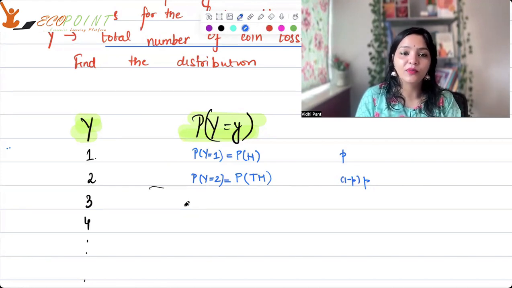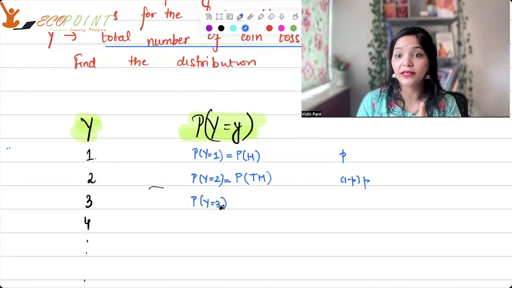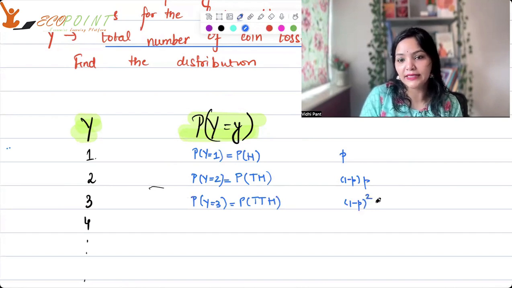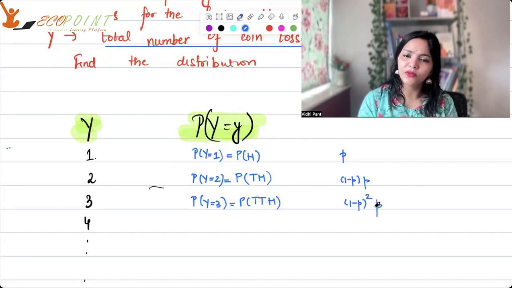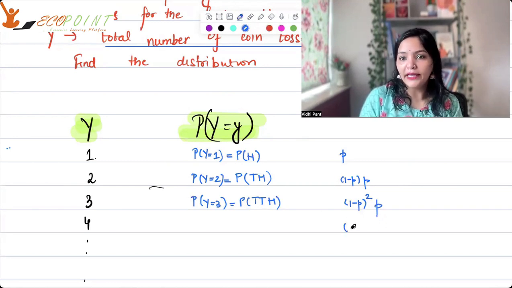The next is Y equals 3. Y equal to 3 means I'm tossing 3 times, because I'm getting heads for the first time at my third trial. So that means probability of TTH, that is (1 minus p) to the power 2, because 2 times tails, and then p. So on and so forth automatically. Can you see, for Y equals 4, (1 minus p) to the power 3 into p.